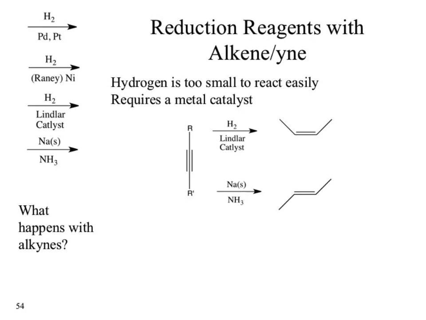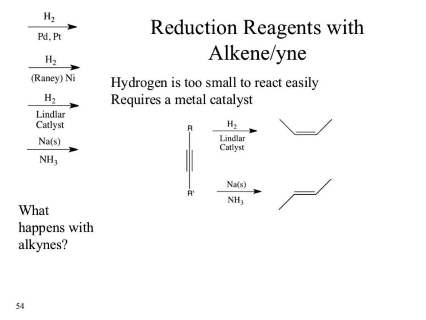Okay? That's where Lindlar's catalyst comes into play. Okay? And for that matter, the sodium and the ammonia. Okay? Lindlar's catalyst is still a platinum and palladium surface, but that platinum and palladium surface is embedded with stuff. That stuff gets in the way that prevents the alkene from attaching.